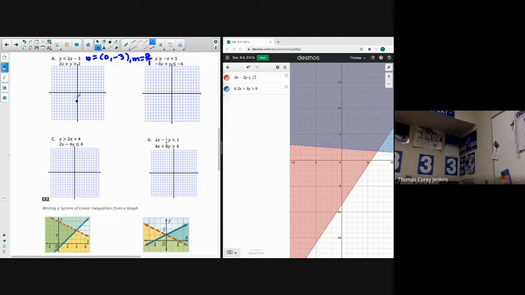We'll just go up 2, right 1. All right, and then we notice that it is not "or equal to", so this one's going to be dashed. That's going to be a dashed line, not a solid boundary line.